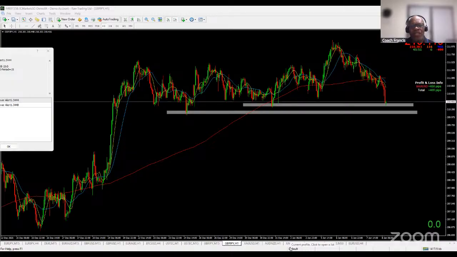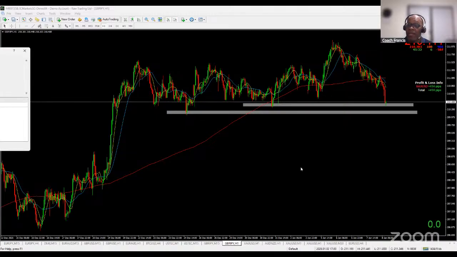I find that the use of indicators is one way of getting traders to begin to make profit straight away. You'll be amazed how much profit traders can begin to make, even as beginners, just understanding how to use indicators like moving averages.